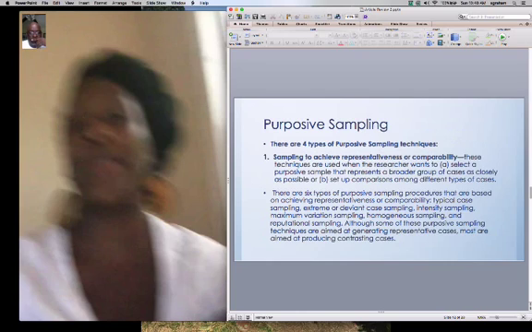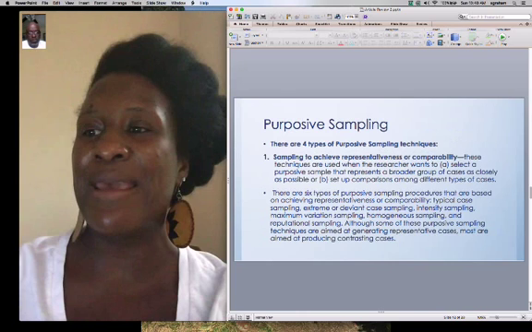So there's 4 types of those. Purposive sampling is sampling to achieve representativeness or comparability. These techniques are used when a researcher wants to select a purposive sample that represents a broader group of cases as closely as possible, and to set up comparisons among different types of cases.